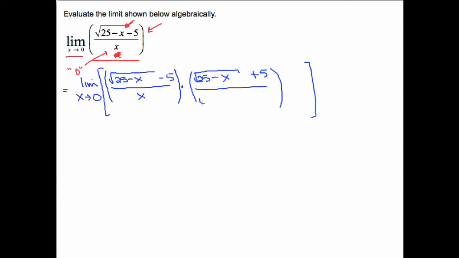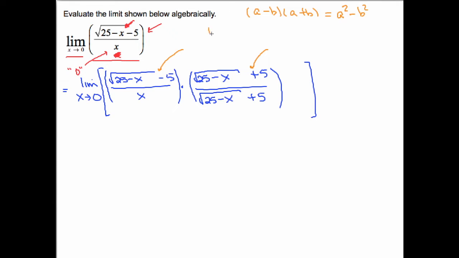Over the square root of 25 minus x plus 5. And to multiply by the conjugate, just to remind you, all I did was change the sign of the second term. Now take a look at the numerator. Are you seeing a minus b times a plus b is equal to a squared minus b squared?